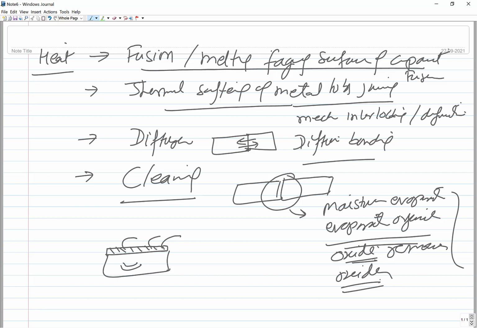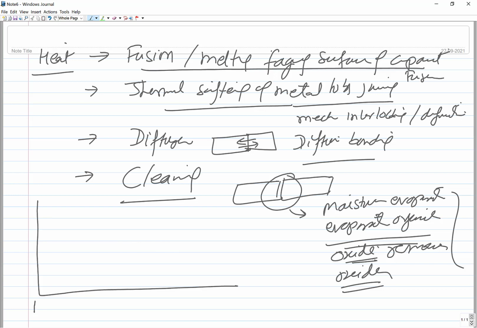Let me give you a simple example of how thermal softening happens and what its role is. Let's say you increase the temperature. This is room temperature, and this is the increasing temperature, just for example, say 800 degrees centigrade. If you take metals like aluminum, it is weaker and it will soften very rapidly like this.